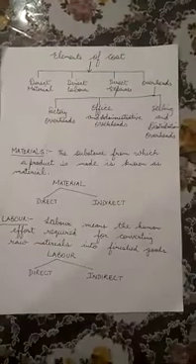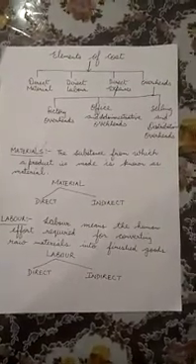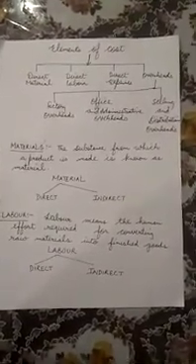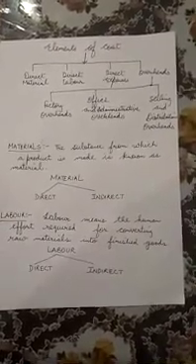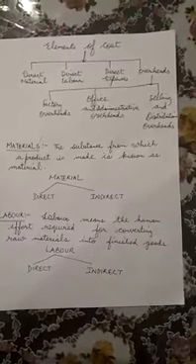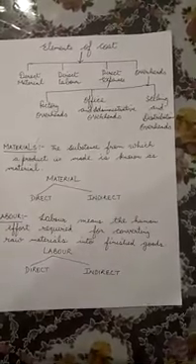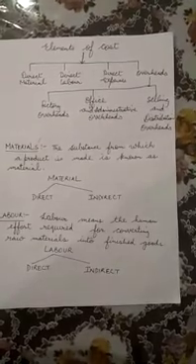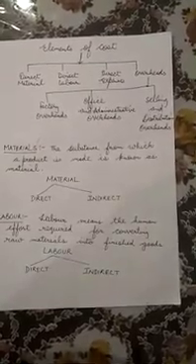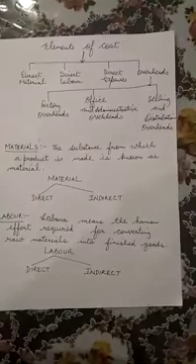Now, let us discuss what are the elements of cost. Elements means basically what all does cost involve. What all is termed as cost in a business. There are direct material, direct labor, direct expenses and overheads.